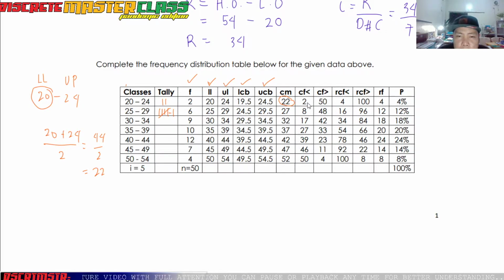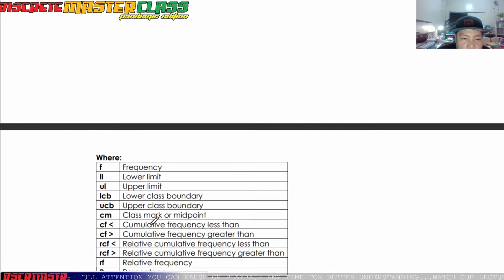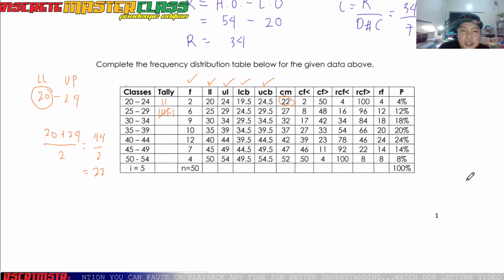Ano naman tong CF less than? Baba natin. Ang CF less than ay tinatawag na cumulative frequency less than. Sa cumulative frequency less than, meron kasing greater than later. So, less than, kukunin mo yung frequency ng una. That's 2.